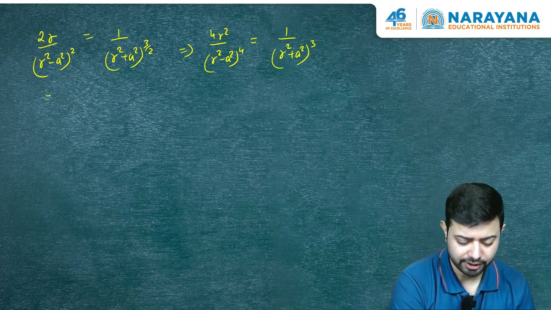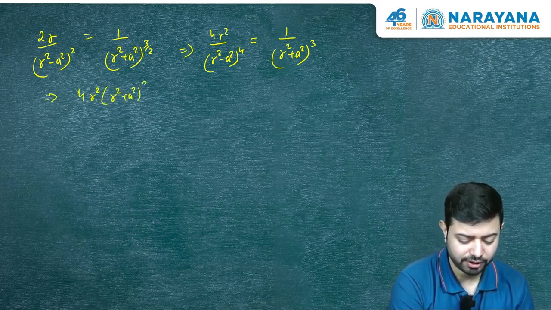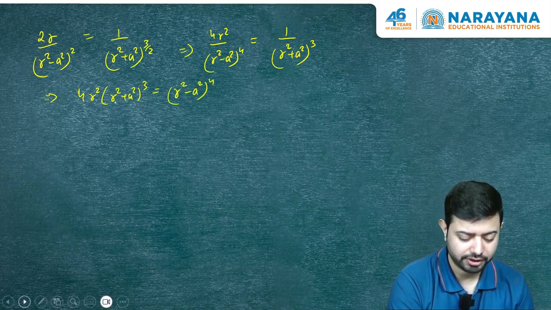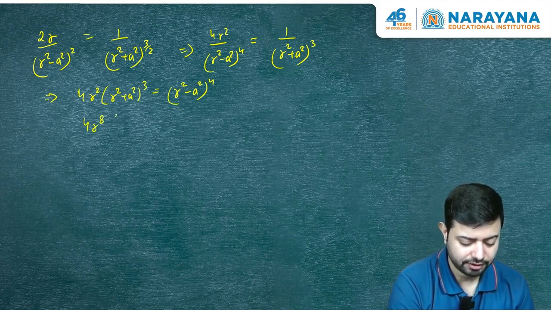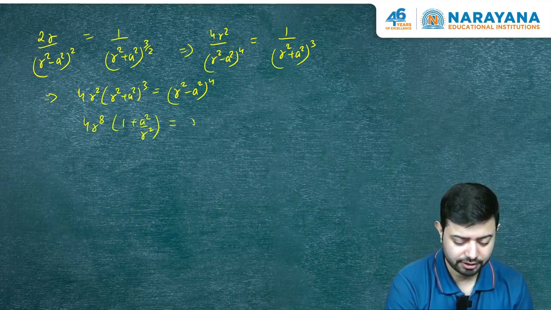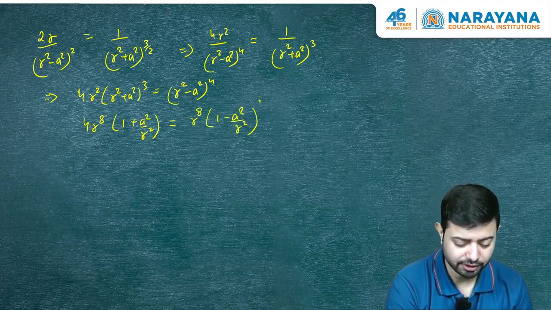Let us cross multiply. This will become 4r square (r square plus a square) power 3 is (r square minus a square) power 4. Take r square common out: 4 r to the power 8, this will be (1 plus a square by r square) cubed, and there over r to the power 8 again (1 minus a square by r square) power 4.